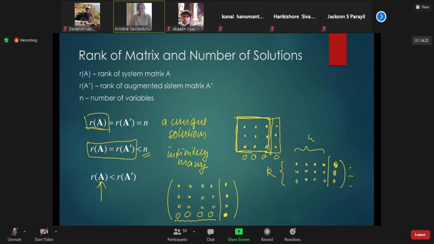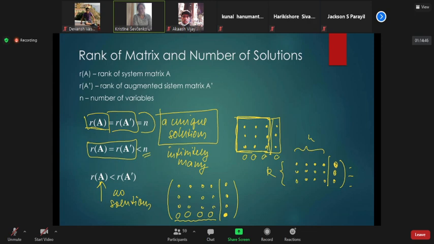So we can say that a system has any solutions only if the rank of the system matrix and the augmented matrix is exactly the same. If the number of variables, the unknowns, is also the same, then we have one and only one solution, a unique solution.